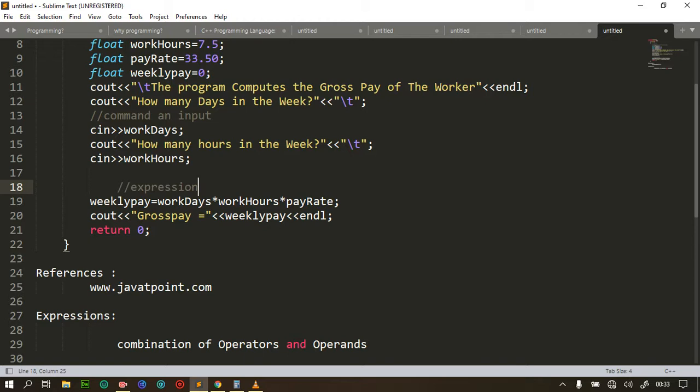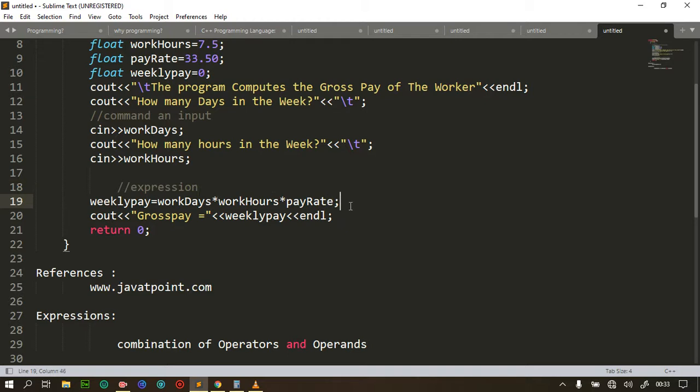Now for expressions to give a value, there is what we call an evaluation. An evaluation yields a final value. Sorry about that.